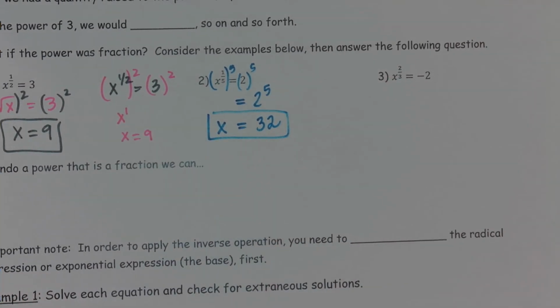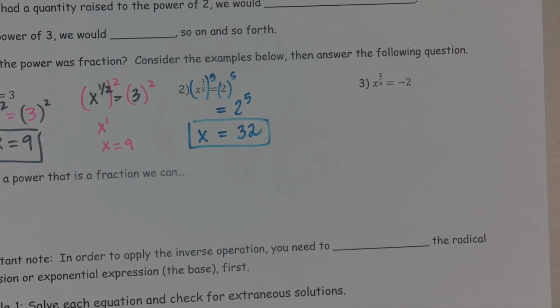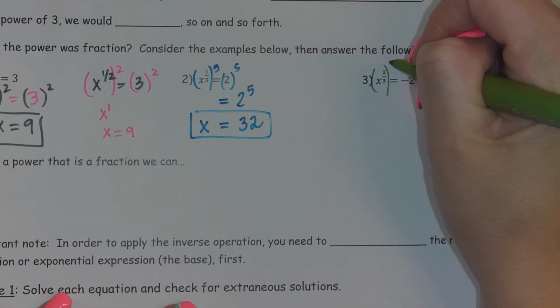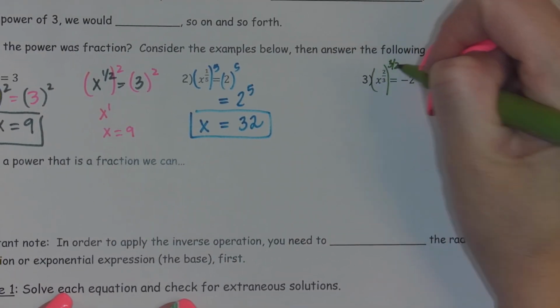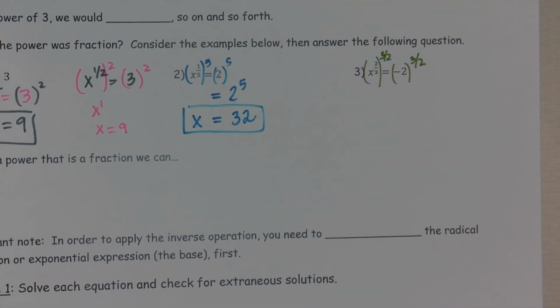Now this one we're going to raise to a power as well. Do you guys have any ideas on how we could do that for the last one? Say it again. Yes, because if you multiply 2/3 by 3/2, what would that do? It would make 1.